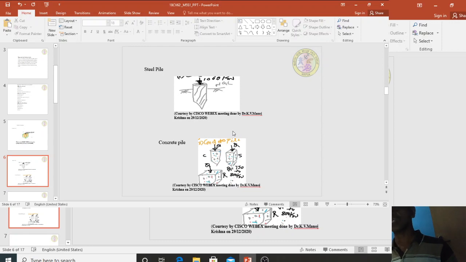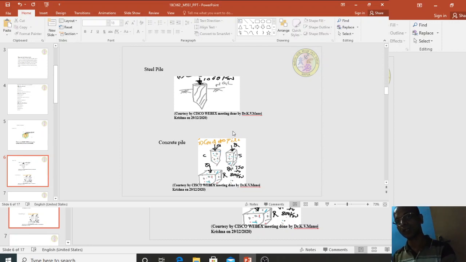Third one based on material is concrete pile. Concrete piles are of two types: cast in situ pile and precast pile. Cast in situ pile has a load carrying capacity of 750 kN, whereas precast pile has a load carrying capacity of 800 kN. The reason for the 50 kN extra load carrying capacity in precast pile is that proper care is taken in casting and during the curing operation.